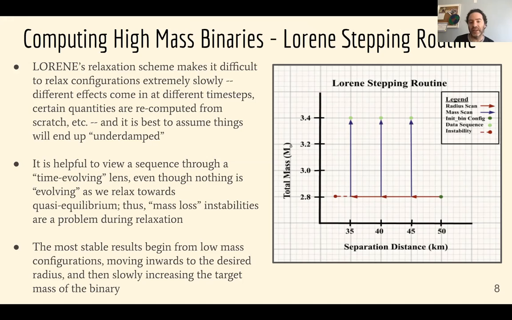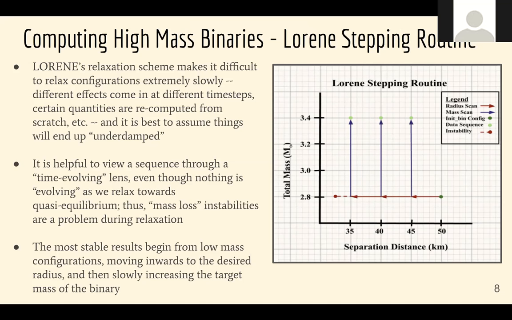With softer equations of state, you want to start with lower initial masses to keep things nice and calm. But one thing we found was that it's easier to get the distance right first at low mass and then increase the mass. Trying to go the other way tended to lead to instabilities and code crashes, where you try to take heavy stars and walk them inward.